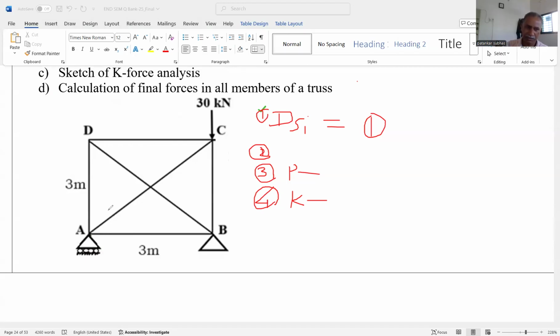In K force analysis, we have considered this member has force 1 kilonewton. I have considered tensile.